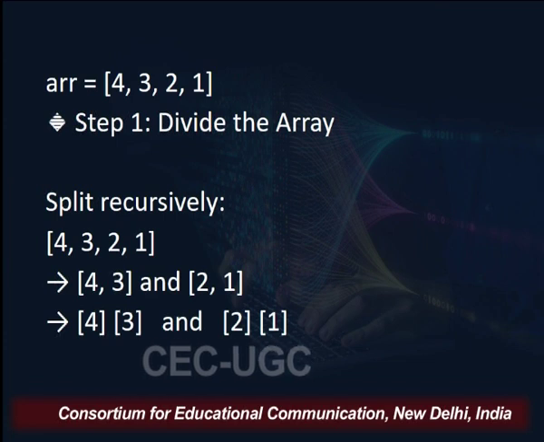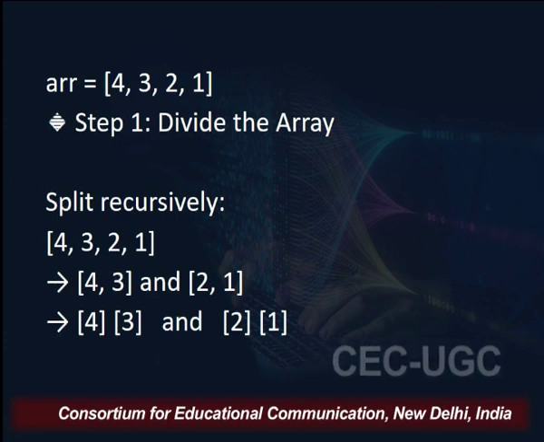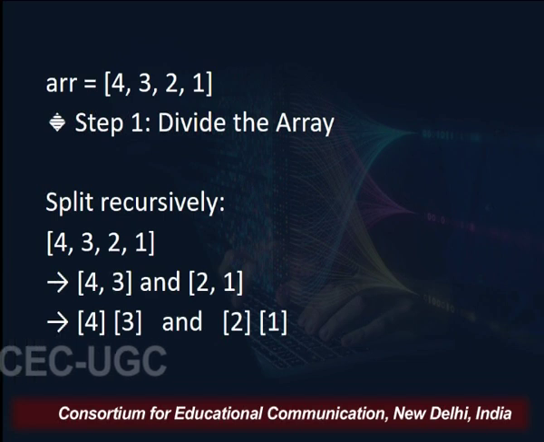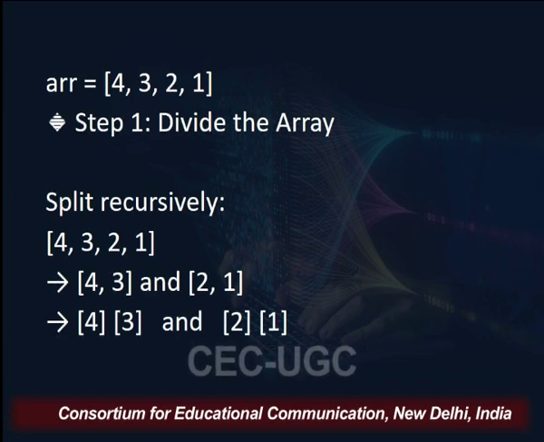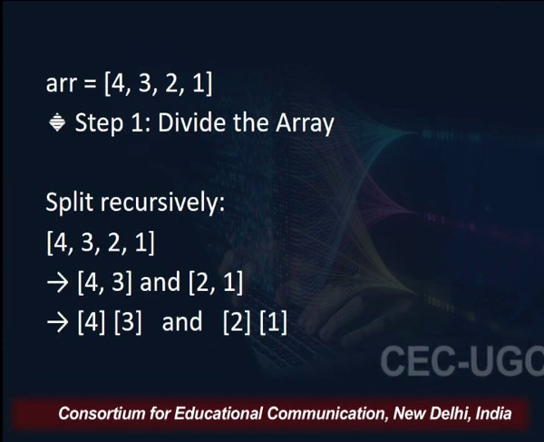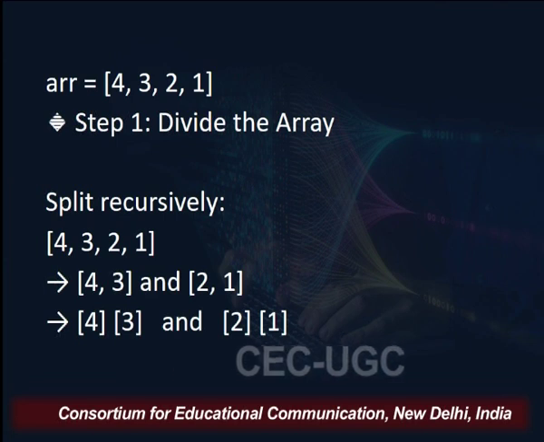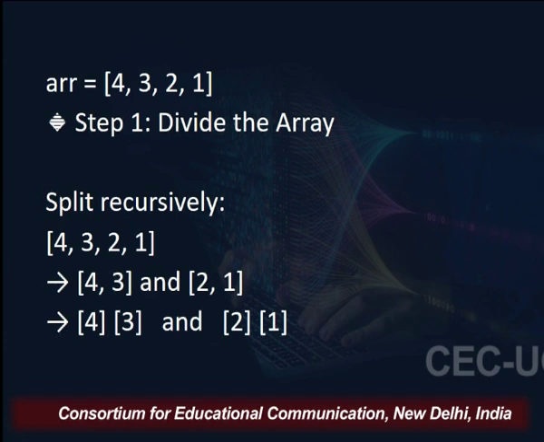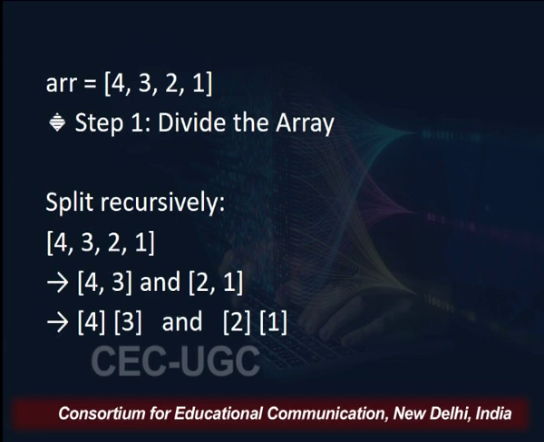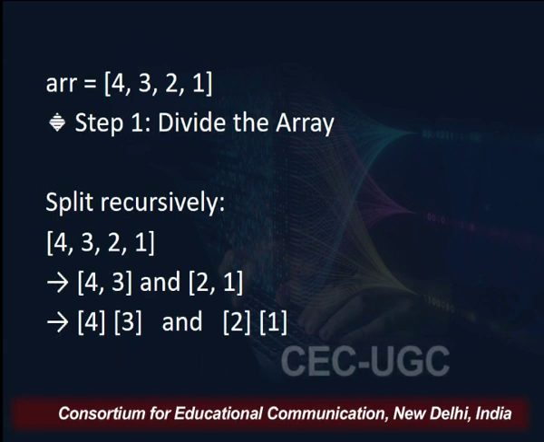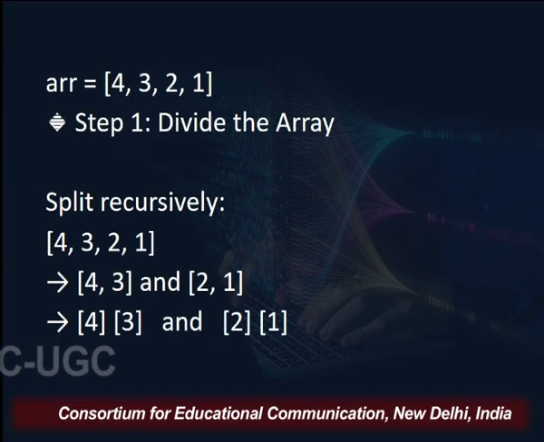We are going to divide this array into two halves, which is 4 3 and 2 1, and now moving forward we are again going to split these arrays of 4 3 and 2 1 in a recursive manner, and we are having 4 separately, then 3 as a different array, and also two different arrays consisting of 2 and consisting of 1.